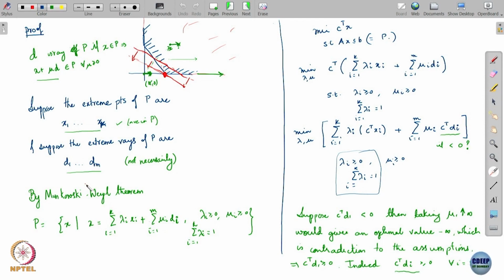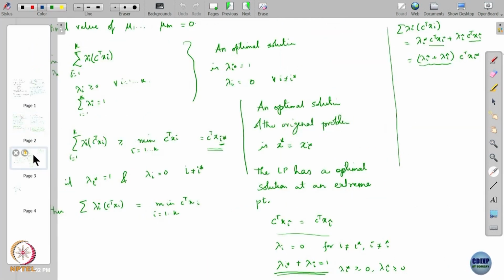Right. So remember, we argued that c transpose d_i has to be greater than or equal to 0, right? And therefore, we said we should put all the coefficients mu corresponding to it as 0. All the mu's were set as 0. But what if one of the c transpose d_i's was exactly equal to 0? In that case, the mu would be immaterial. It would not appear in the objective at all, right?